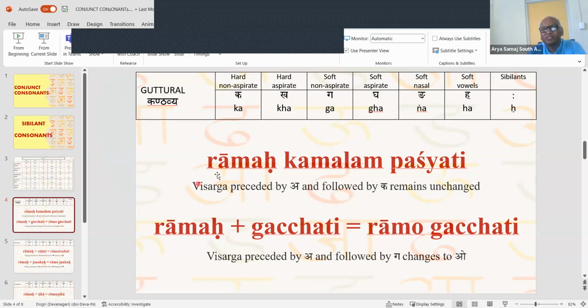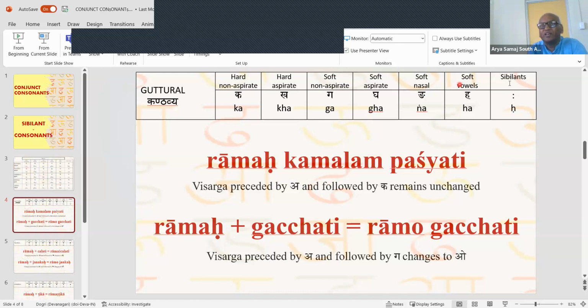When you make a sentence, Ramaha Kamalam Pashyati, right? Simple sentence, Ram sees Kamalam, the lotus. Right? Now, Visarga is the H with a dot below it. And those of you that know it, it is the two dots. You can see guttural.